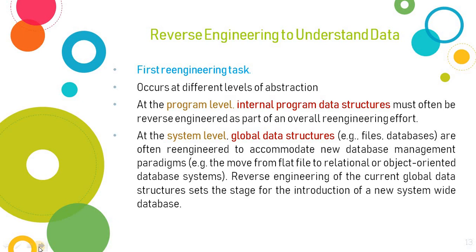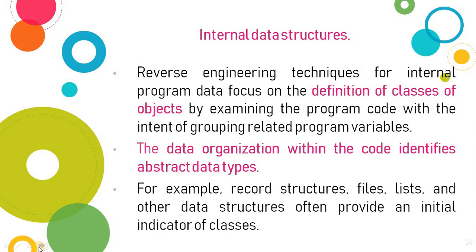Program level re-engineering means the internal program data structure must often be reverse engineered as part of an overall re-engineering effort. So here the internal program data structures are analyzed. Second is the global data structure analysis phase, that is system level. In this too, what we are doing is reverse engineering activity.